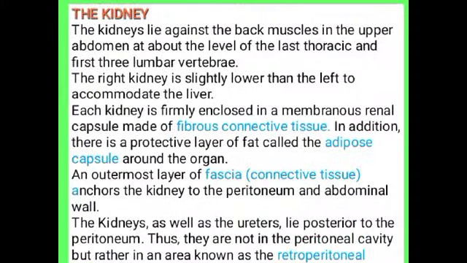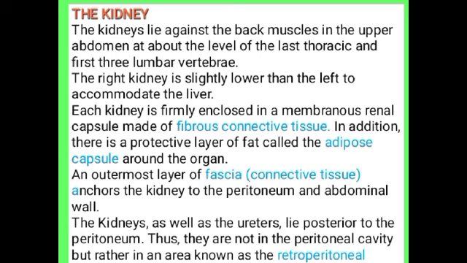Okay, so we are going to start with looking at the kidney at large as one of the organs of the urinary system. The first thing you need to understand is that the kidney is not only an organ of the urinary system, but the primary organ of the urinary system, which has the functional unit of the nephron. But before we talk about the nephron, let's talk about the structure of the kidney.